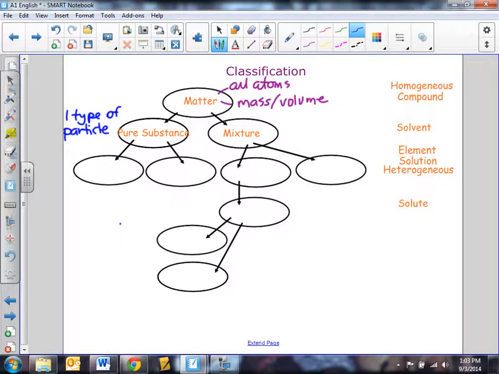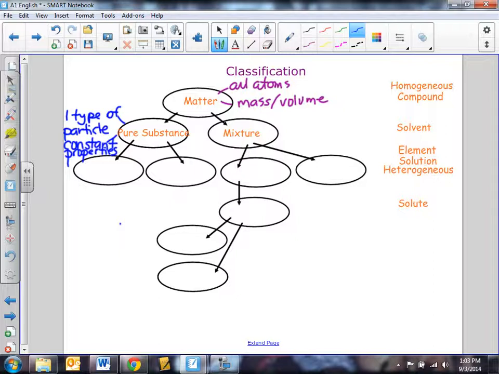That means that when I look at it, let's say with a microscope, and I have a microscope that's good enough to see molecules, which the ones we have are not, I would only see one kind of particle. It would be the same particle everywhere. The other thing that's true about a pure substance is that it has constant properties.